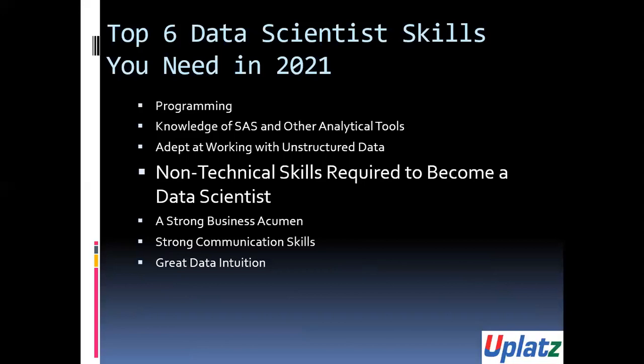So what are the technical skills required to become a data scientist? One of the most important technical data scientist skills is statistical analysis and computing, mining and processing large data sets. This also includes extracting the data that is considered valuable.